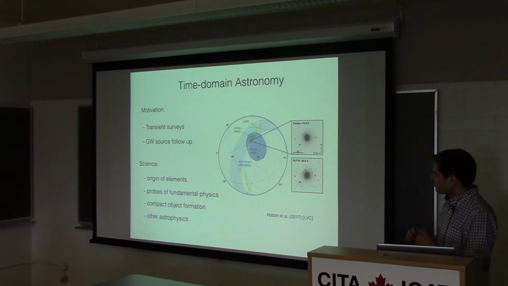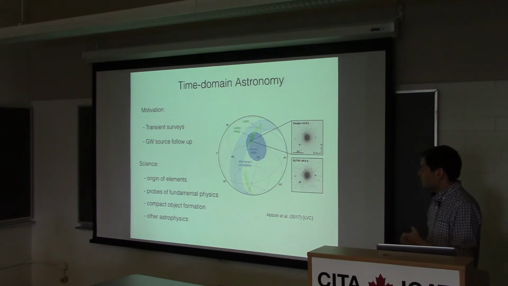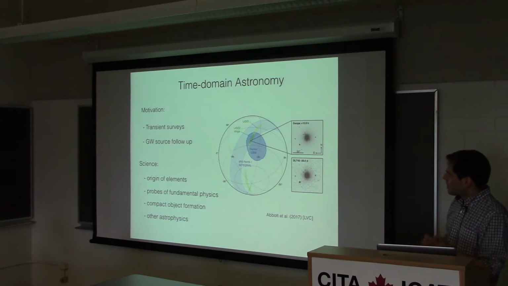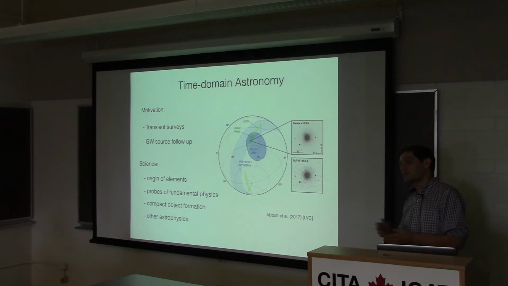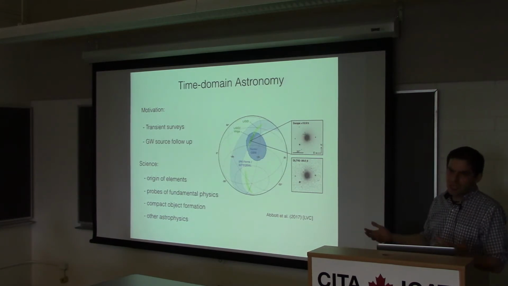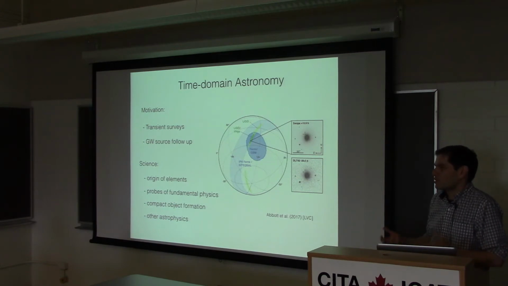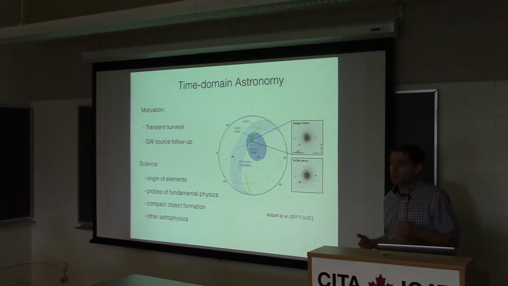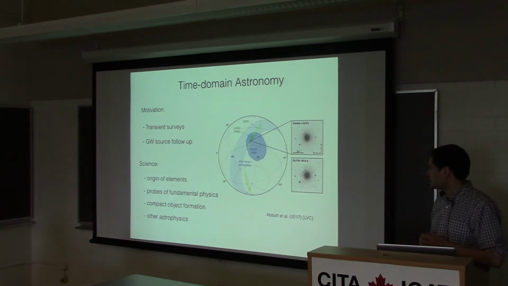There are probes of fundamental physics associated with them, such as the equation of state of dense matter, or even probes of GR in the case of mergers of compact objects. Compact object formation: I already mentioned core collapse supernovae that can give rise to either neutron stars or black holes. And other astrophysics, as I said, for instance, just knowing what the progenitors are of unusual transients that might be detected by these surveys that are in operation at the moment.